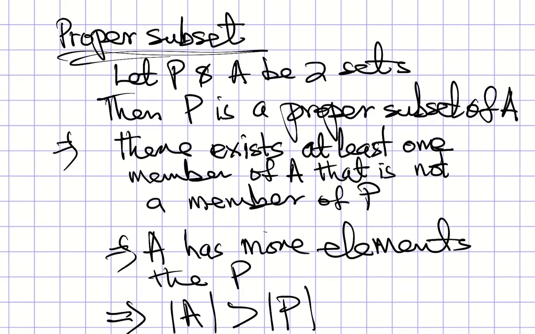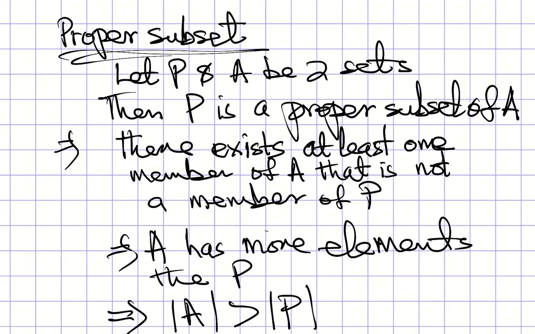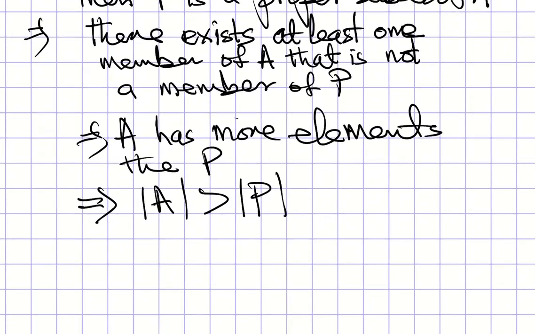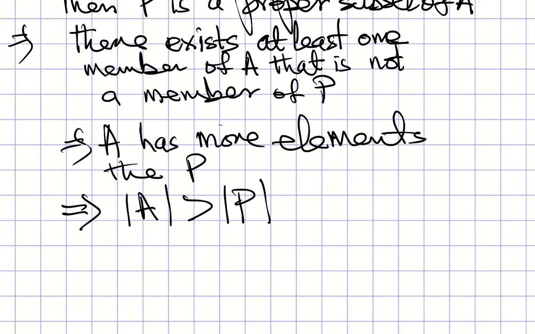See, proper subset means A has at least one element that is not contained in P. So A has more elements than P. So it must have more cardinality than P, because cardinality just means the number of elements in a set, right?